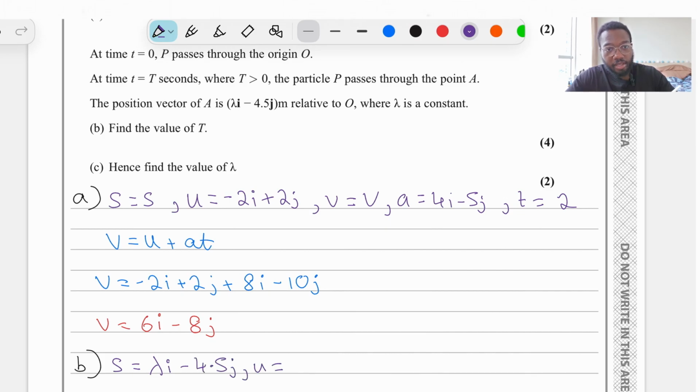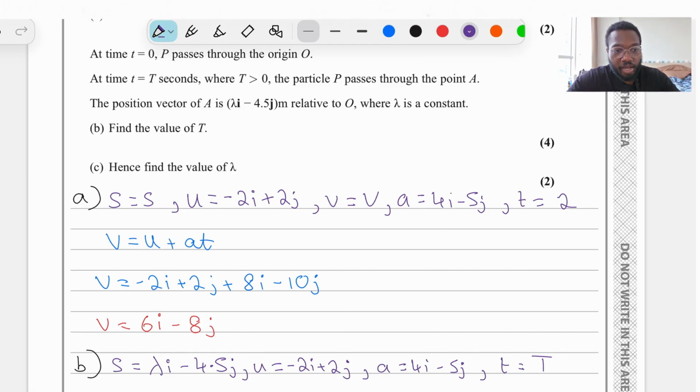Now our u stays the same as the previous question, that would still be minus 2i plus 2j. We don't need to worry about v because v is not here, so we'll leave v out. We know our a is the same as the previous question, still 4i minus 5j. And then our t would be just capital T, because that's what we want to work out.